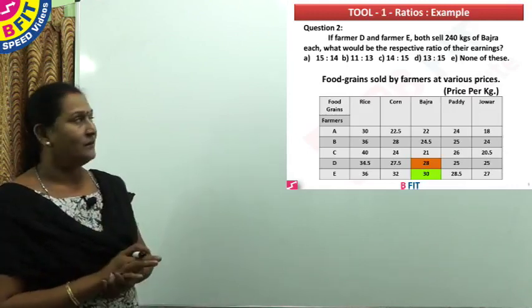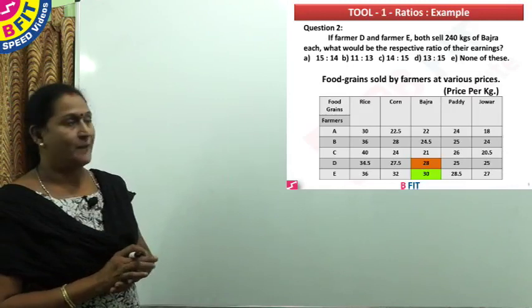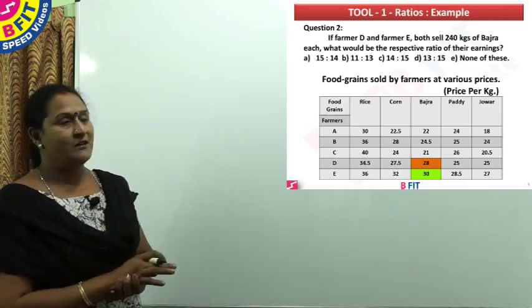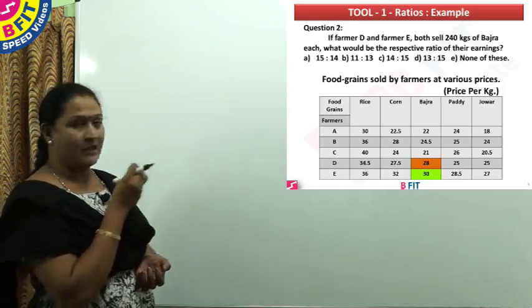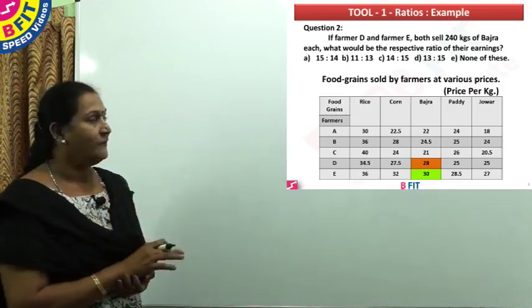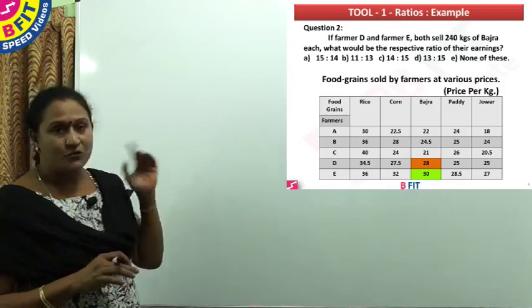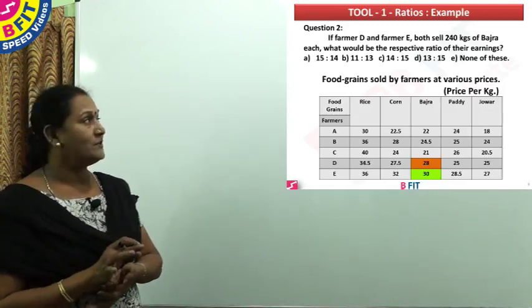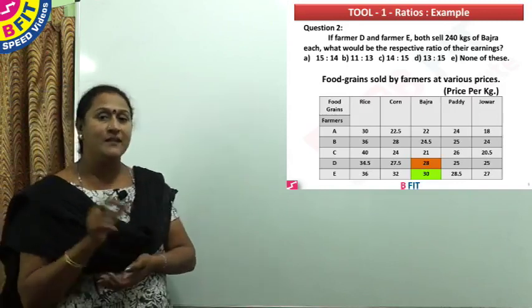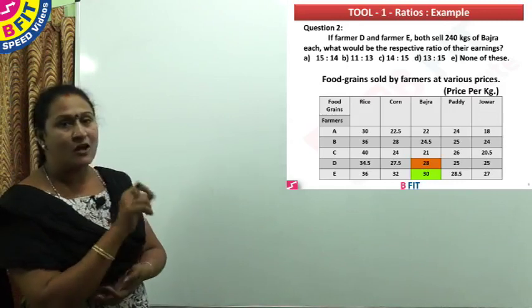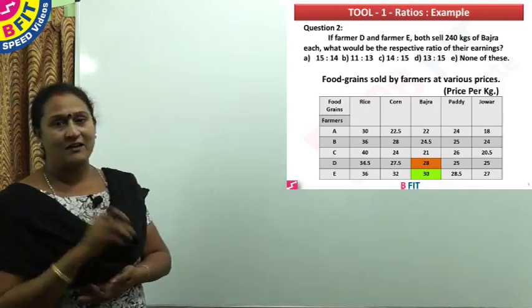No need to do that, because this 240 is the same, a common number in both the parts, so it gets cancelled. Just by getting the ratio of cost per kg itself, we'll arrive at the answer. No need to waste time using this 240 kg quantity, because both farmers are selling the same quantity. So that gets cancelled. Just by simplifying cost per kg itself, we'll arrive at the answer.